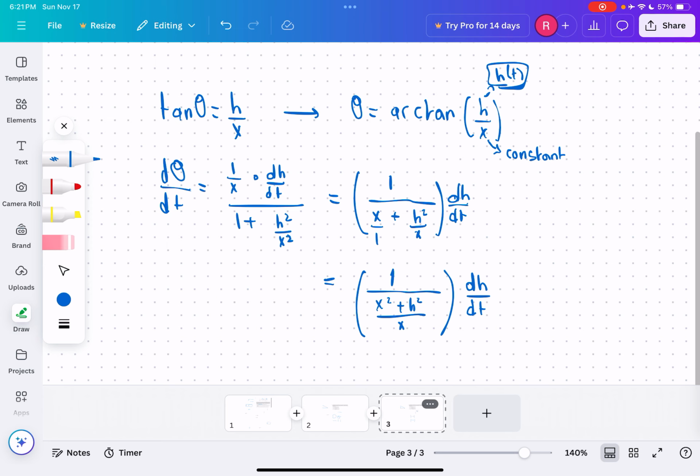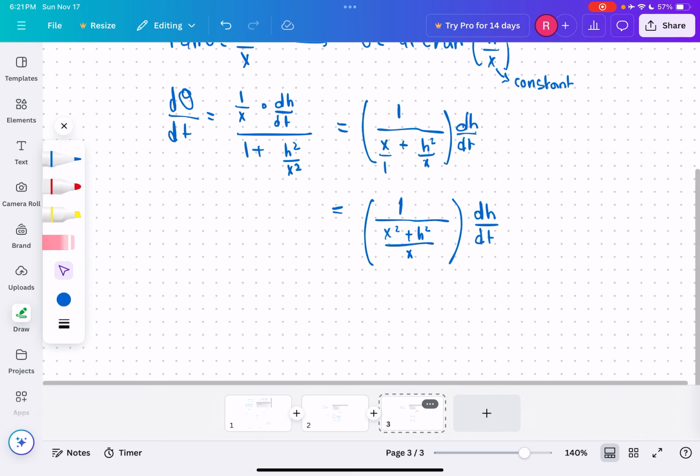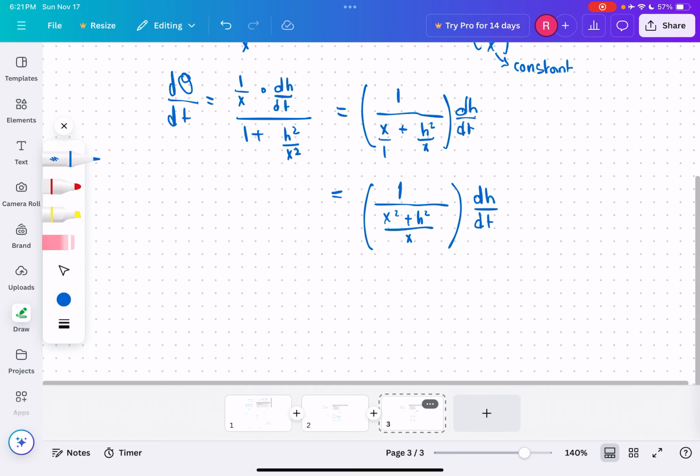Now, essentially, you have 1 divided by x squared plus h squared over x, right? According to the fraction that we have in brackets. So keep, change, flip: 1 multiplied by x over x to the power of 2 plus h to the power of 2.